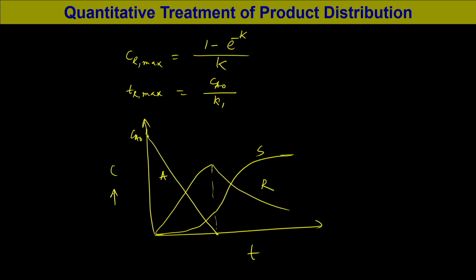So, the initial slope of this line is equal to minus K1, and the initial slope for this is also K1.